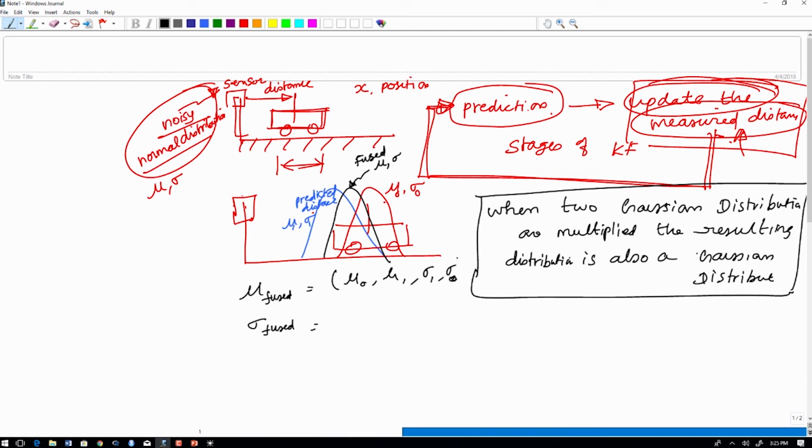Similarly, we can write an equation for the sigma fused.